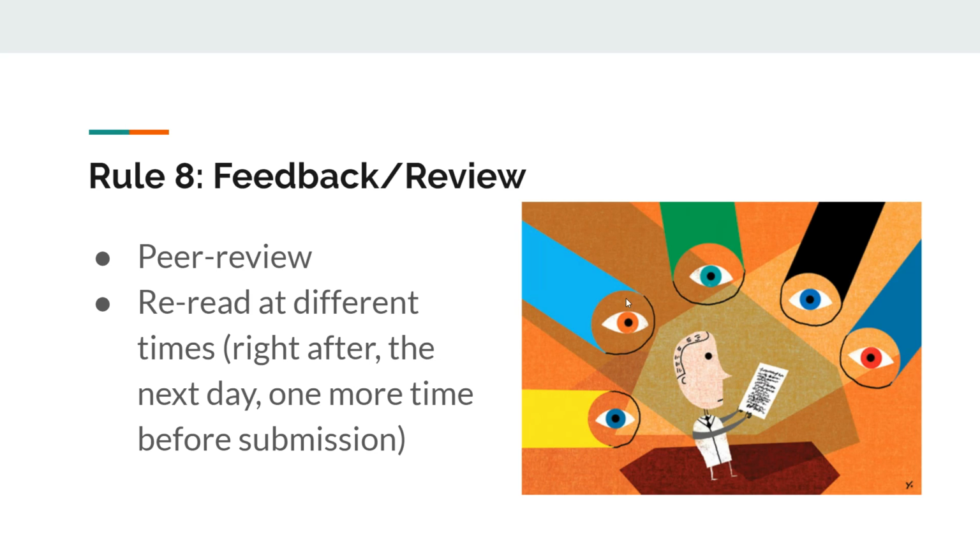Feedback and review. Some of you probably will not ask for peer review, even though we always recommend it. But really what we do is when you are done, you are going to send it to me. You will send it to your graduate mentor, and potentially also Ali, depending on the situation, and we all will give you feedback.